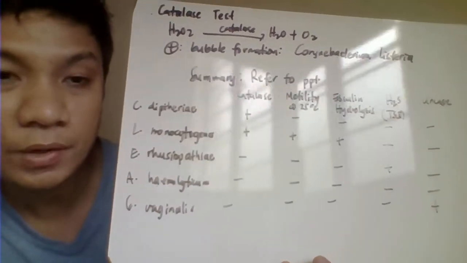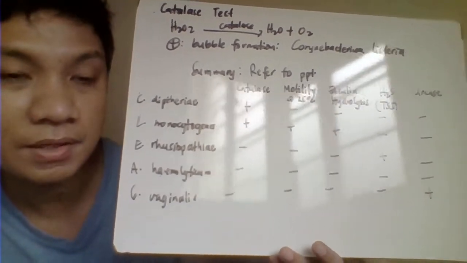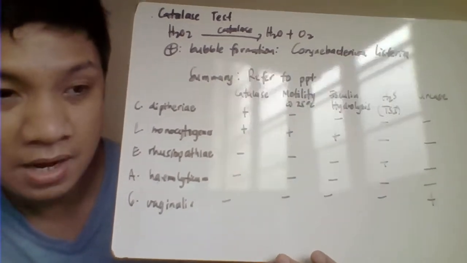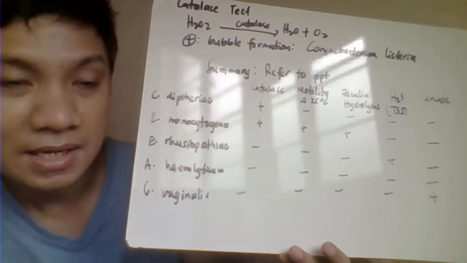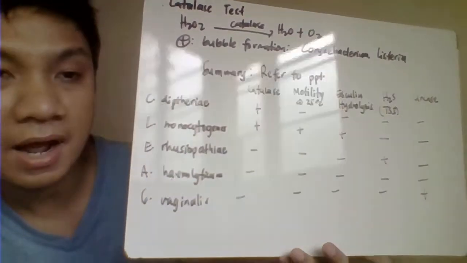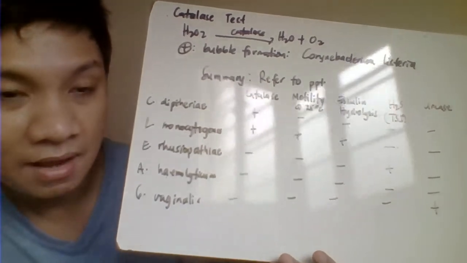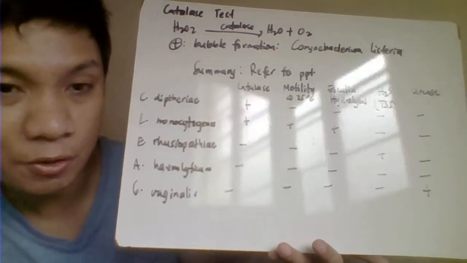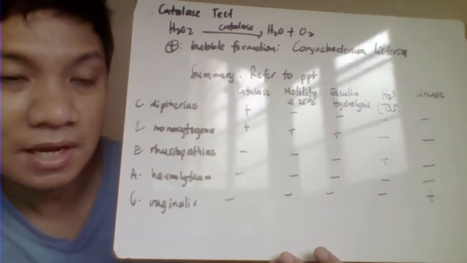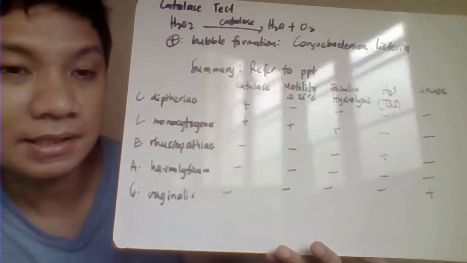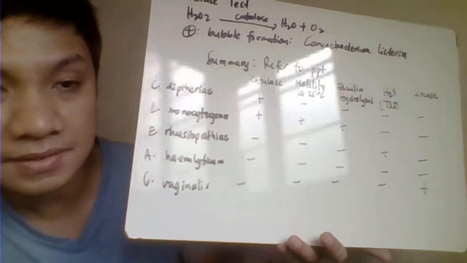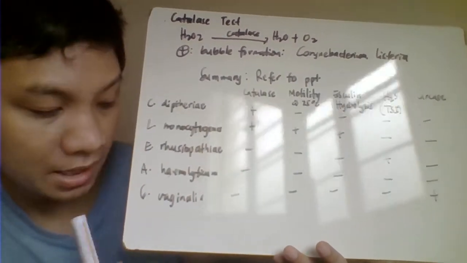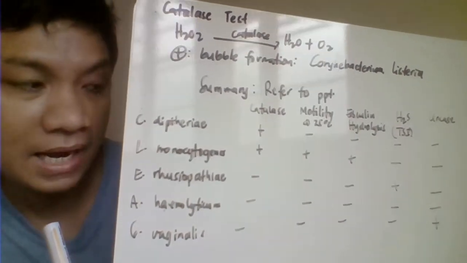Bile esculin hydrolysis will only be with your Listeria monocytogenes that would resemble your group D strep. H2S in your TSI, triple sugar iron agar, is only manifested in your Erysipelothrix rhusiopathiae. Again, H2S, hydrogen sulfide, would be characterized by blackening of the colony. And the urease test is only positive here with our Gardnerella vaginalis.